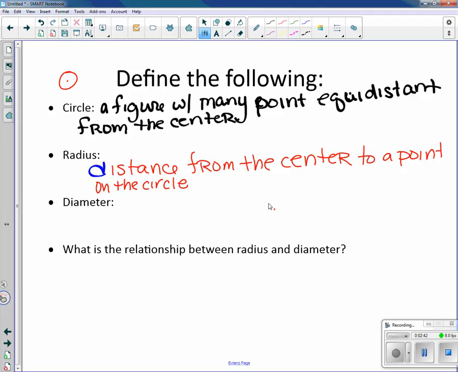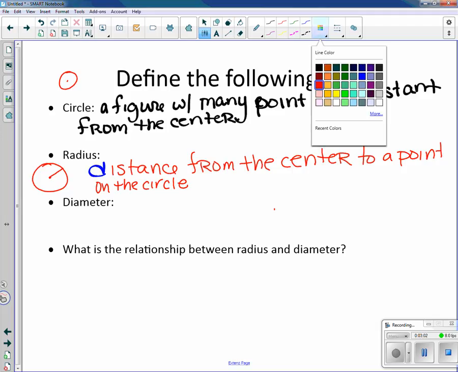All right. So, an example would be the following. If this is a circle, from here to here is the radius. So what is the diameter? It's the length of what?